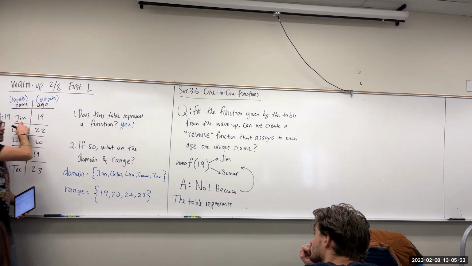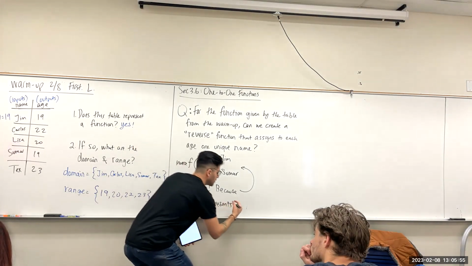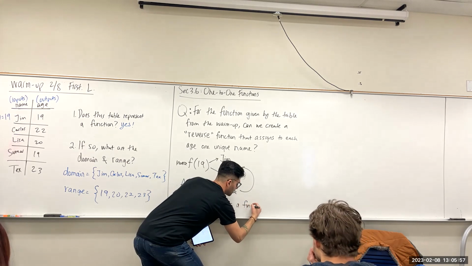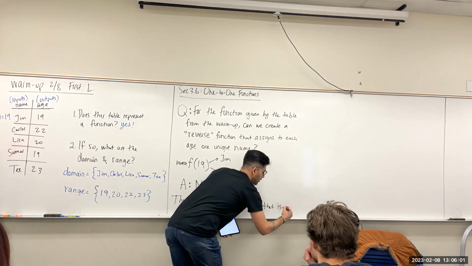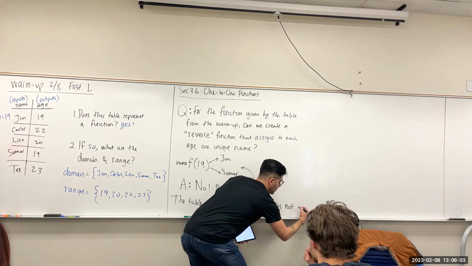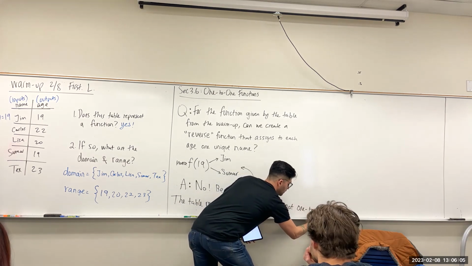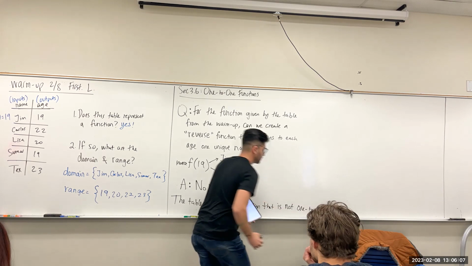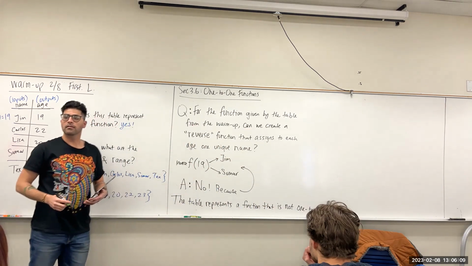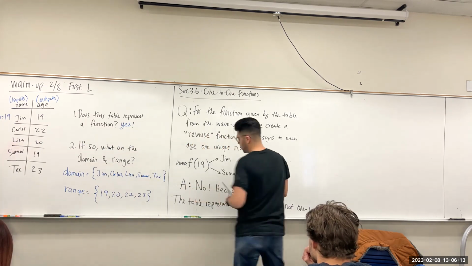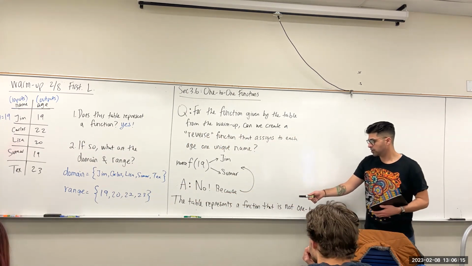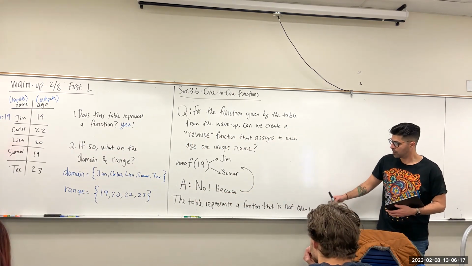And so this table represents a function that is not what we call one-to-one. Sorry, can you guys read that in the back? I'll just repeat it. So the table represents a function that is not one-to-one.